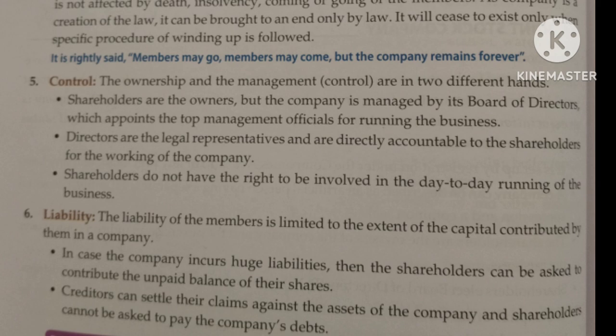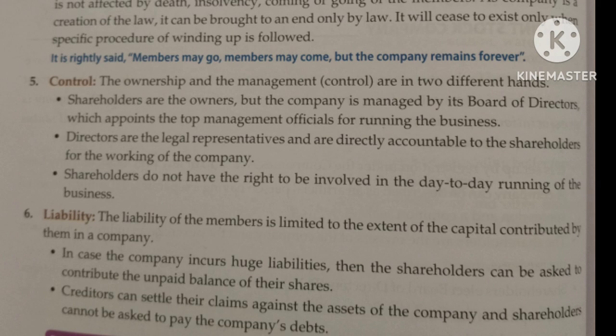The board of directors appoints the top management officials for running the business. Then second, directors are the legal representatives. Legal representatives means they have the signatory authority. All the documents are signed by them, which is a form of representation of all the shareholders. So directors are the legal representatives and are directly accountable to the shareholders for the working of the company.